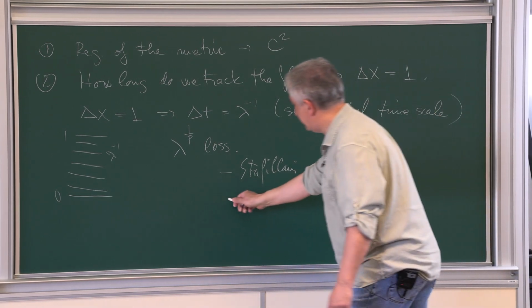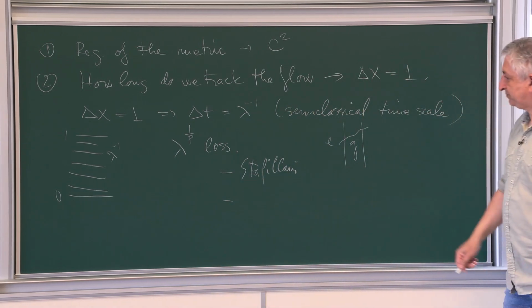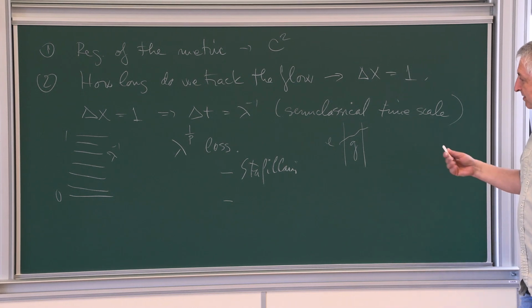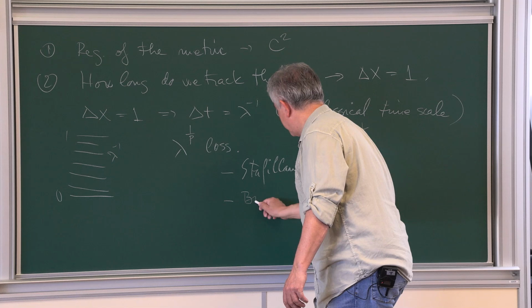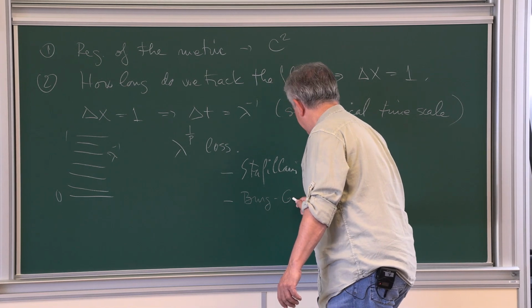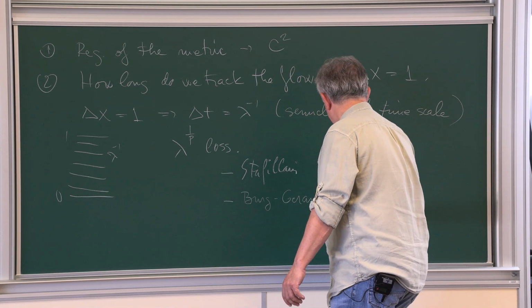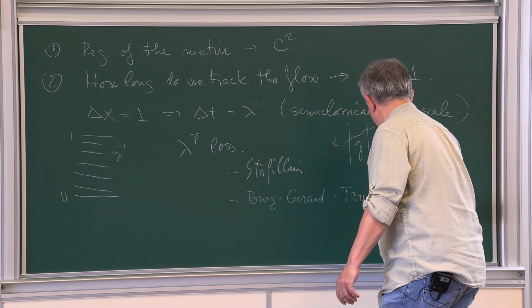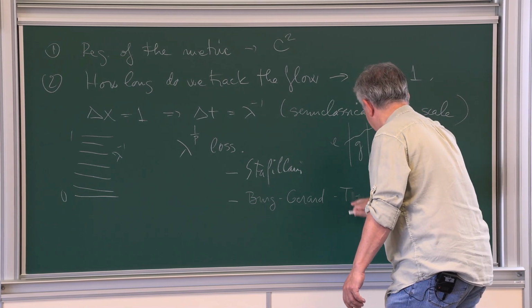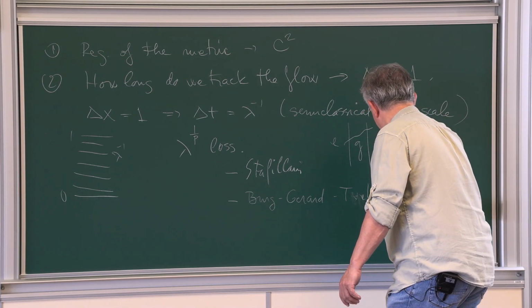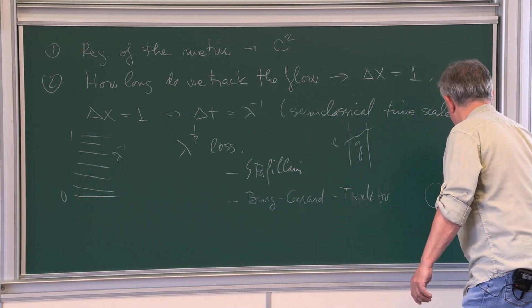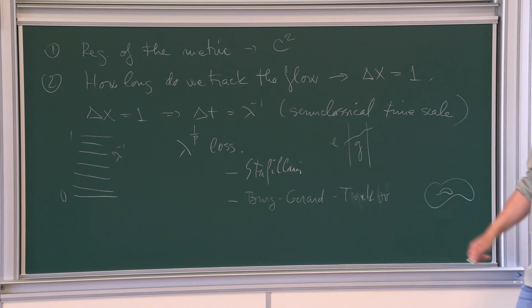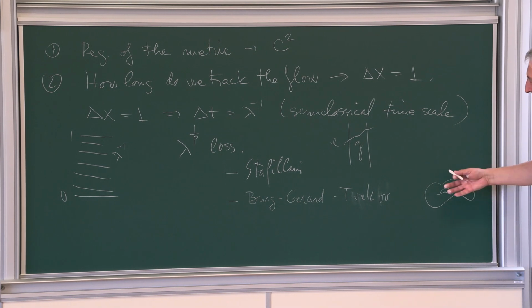And then another direction here, which was pursued maybe 2 or 3 years later by Burq, Gérard, and Tzvetkov, was to look at Strichartz estimates on manifolds, and then you get a slightly different picture.